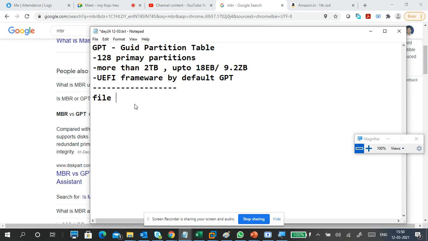Next, coming to file systems. There are multiple types of file systems.